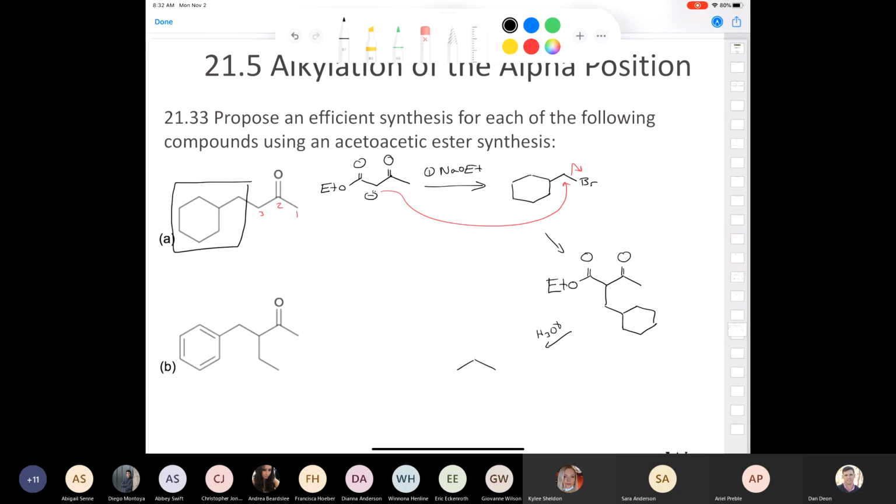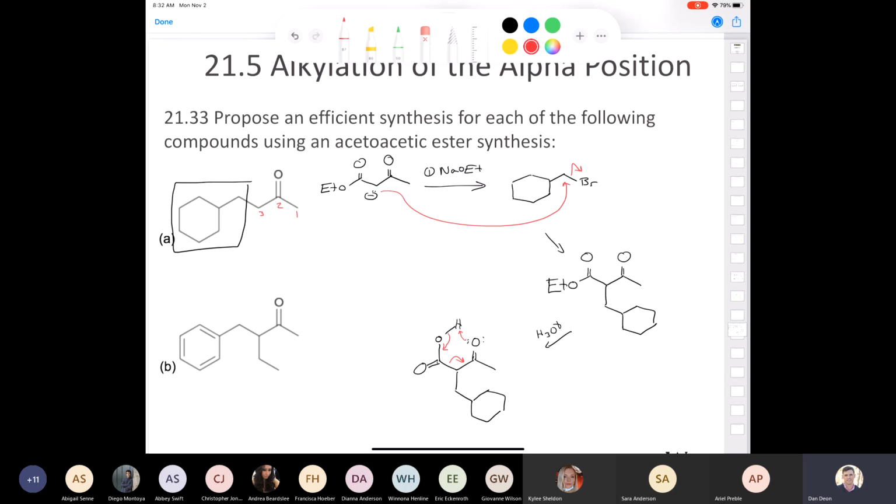So it's going to look like this. And we're going to have this, and this, and this. And then we can draw our pericyclic mechanism, which shows the decarboxylation, like that.